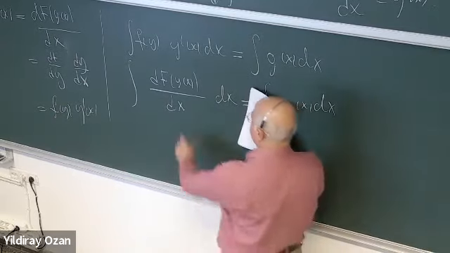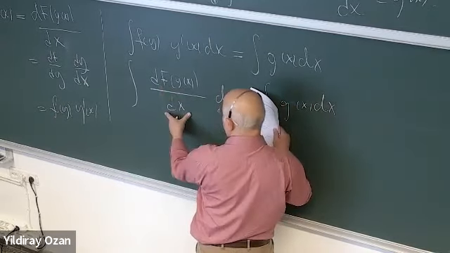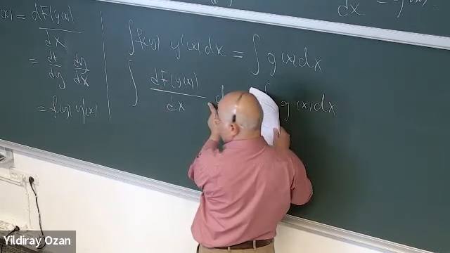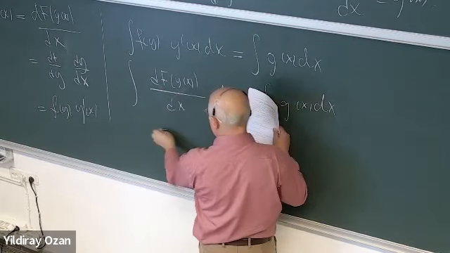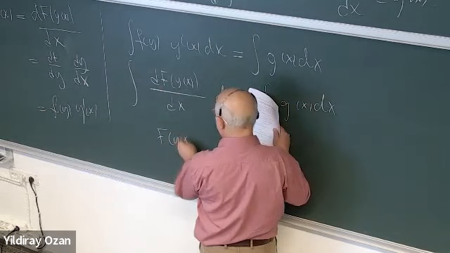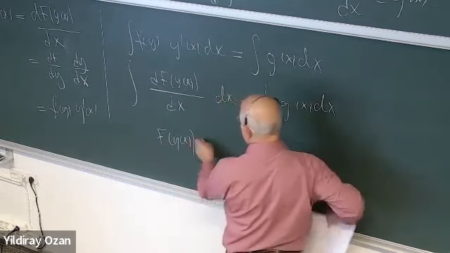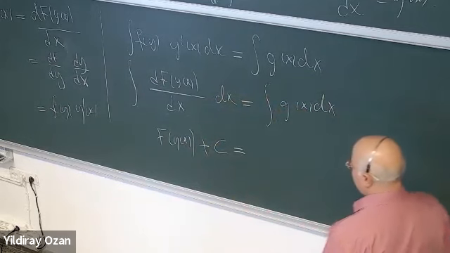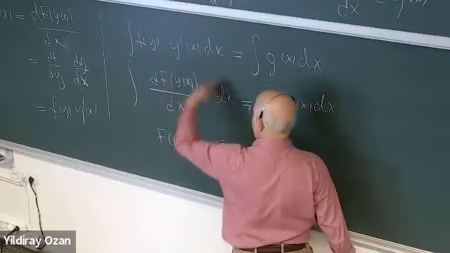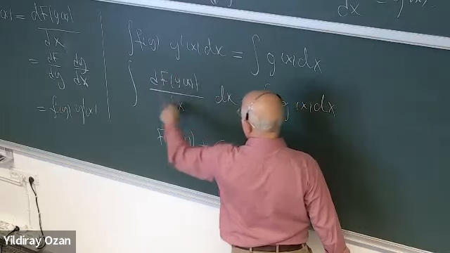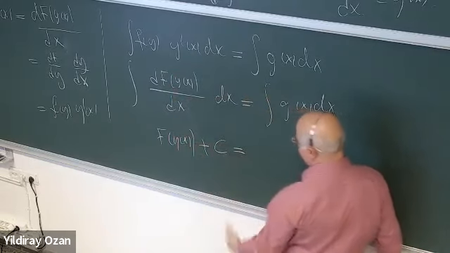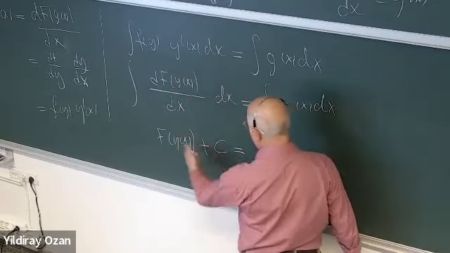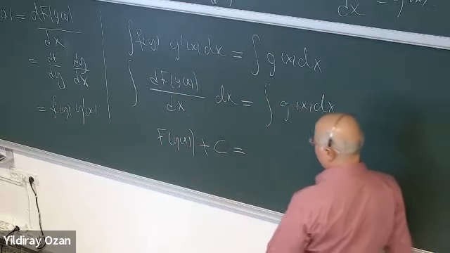So what is this gadget? I take derivative of this with respect to x and then integrate it. Well, this is just F of y(x) plus a constant, because this means antiderivative of this expression, but antiderivative is not a single function, right? It's actually a family of functions.